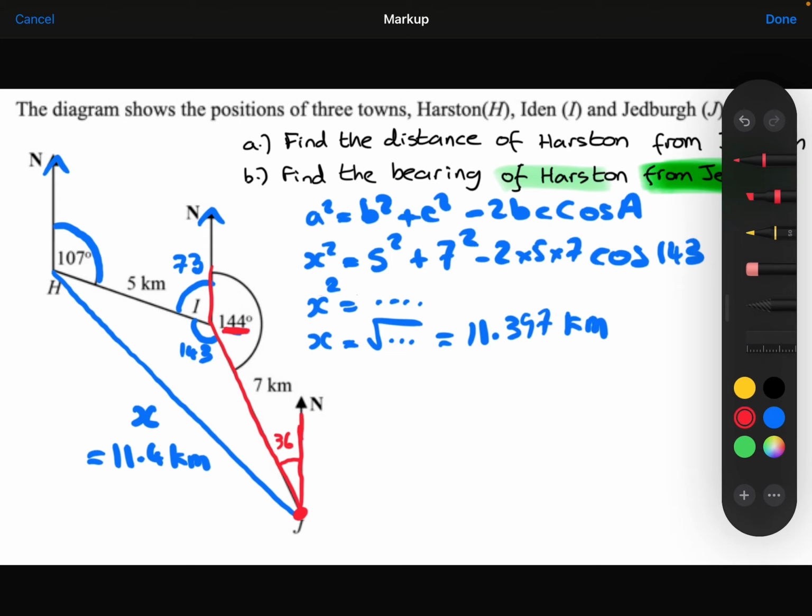So if this is 144, then the other angle must be 36, because 180 take away the 144. So I know that angle there is 36. I now want to work out what this angle here is, because if I can work out that, then I can do 360 take away the 36 and the theta, and that's going to give me my bearing.